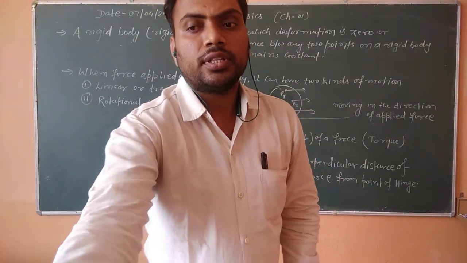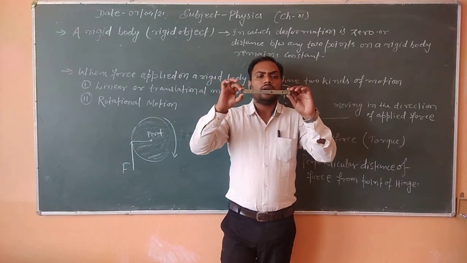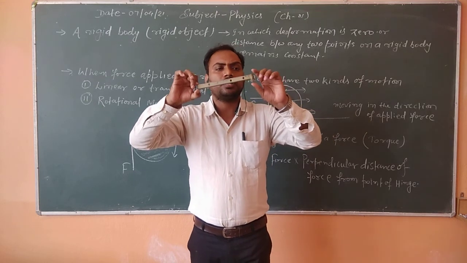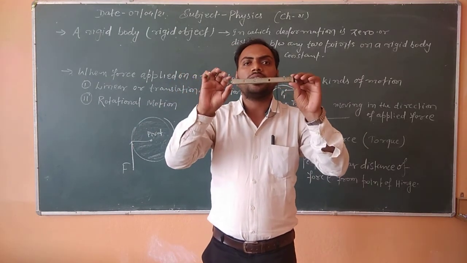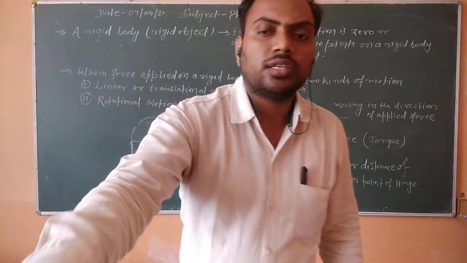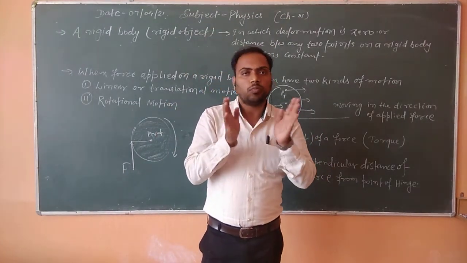For example, there is a rod here. This rod is a rigid body because I am applying some force, but there is no deformation in this body. That's why this body is called a rigid body. The bench in your class is the best example of a rigid body.